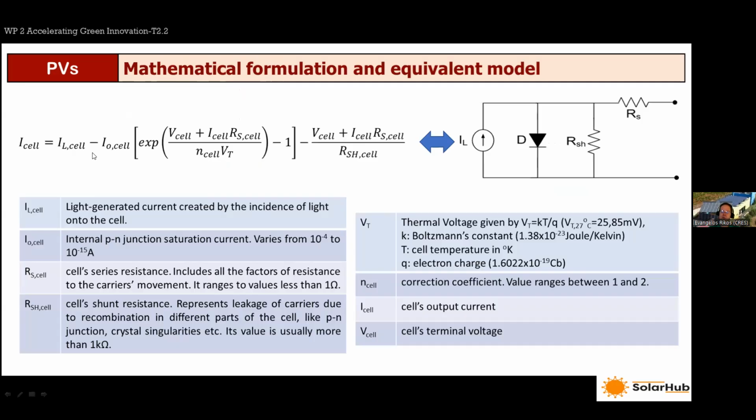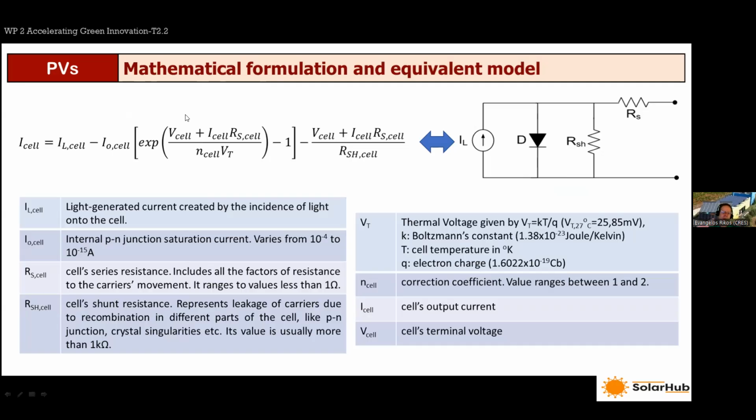It corresponds to the amount of light that is incident on the cell, and some other parameters related to the physics of the diode. For example, we have the saturation current. We have, of course, here the cell voltage. It's the voltage that one could measure using a voltmeter at the two terminals of the cell.